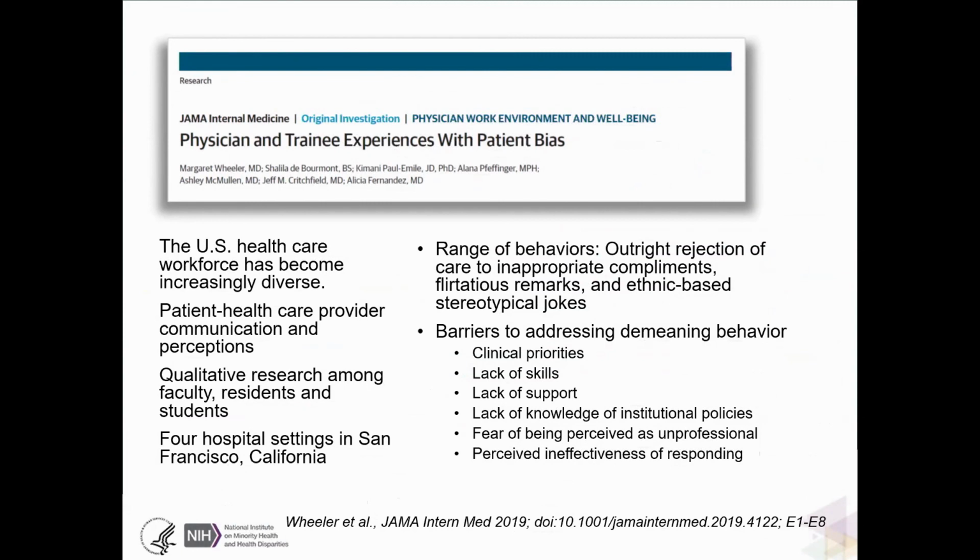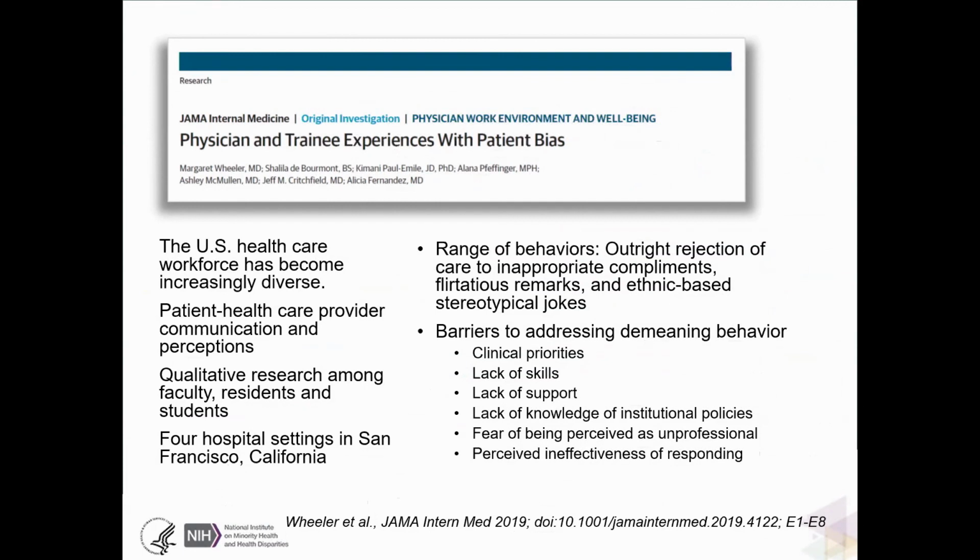Study participants have biases, and they could influence or interfere with the outcomes that we are pursuing. In this particular publication, I'm sorry, the investigators illustrate the experience of the healthcare workforce in 4 hospital settings in San Francisco, California.